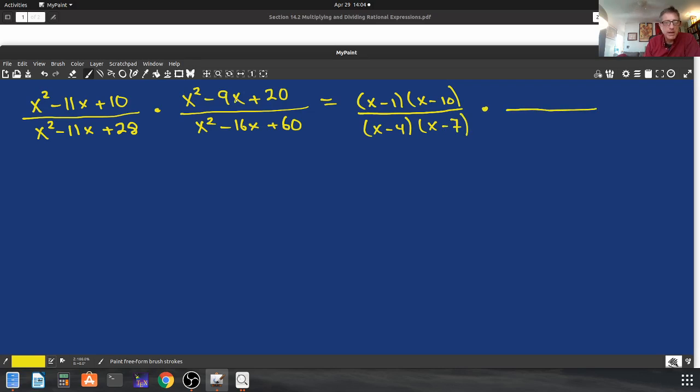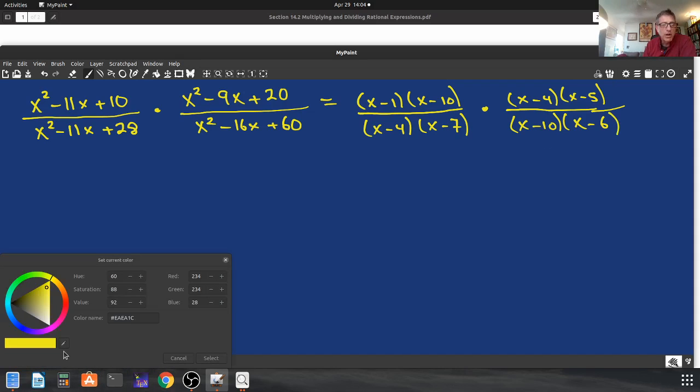X squared minus 9x plus 20 is x minus 4 times x minus 5. And the last one, x squared minus 16x plus 60, is x minus 10 times x minus 6.